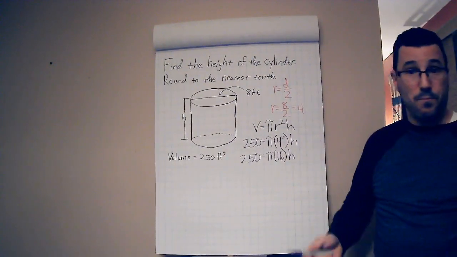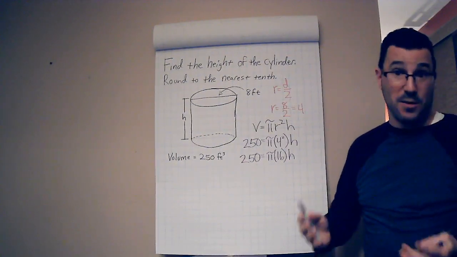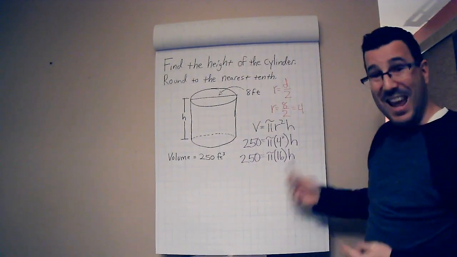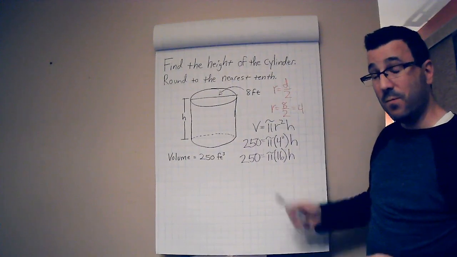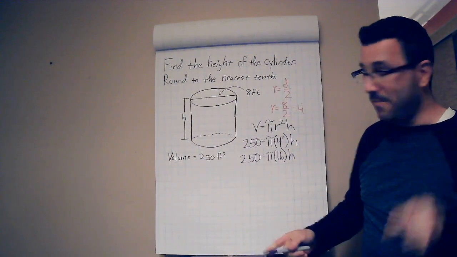Now, this is basically a simple one-step equation, just with not so simple numbers. So what we need to do is get the h by itself. It's multiplying pi and 16. So what's the opposite of multiplication? Division.